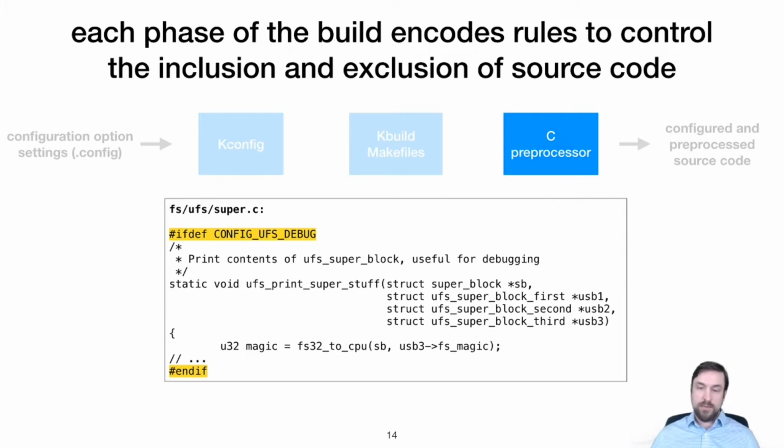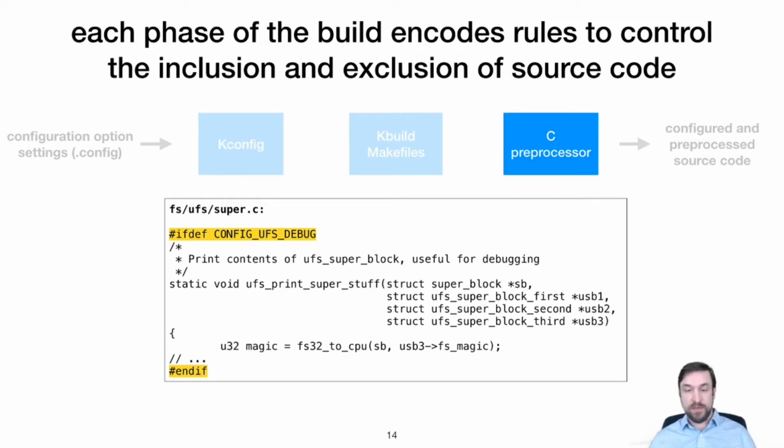This is an example of the C preprocessor doing conditional compilation. In this example, the highlighted #ifdef and #endif are actually not C language per se. This is the C preprocessor language. This code snippet means only include the enclosed source code if this UFS debug option is enabled by the person building the kernel.